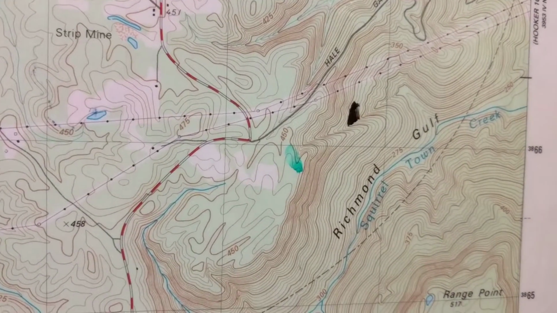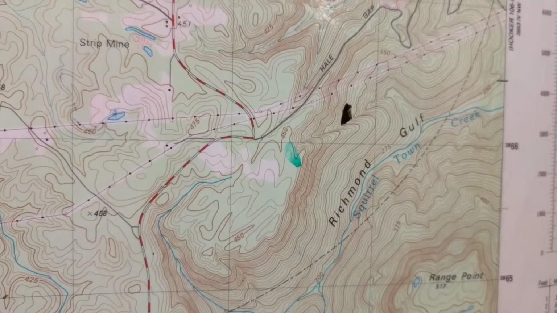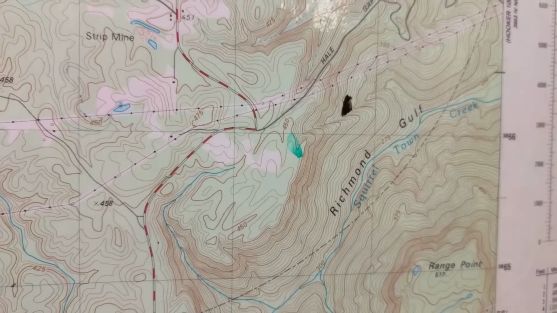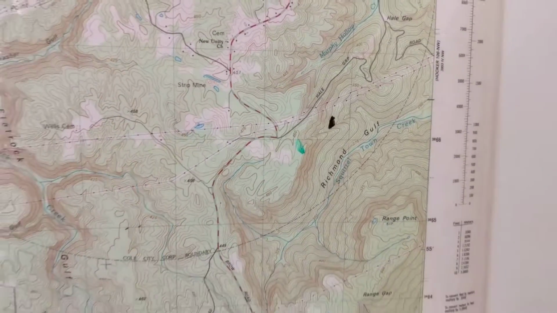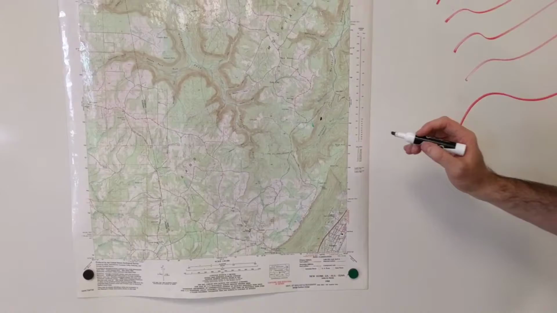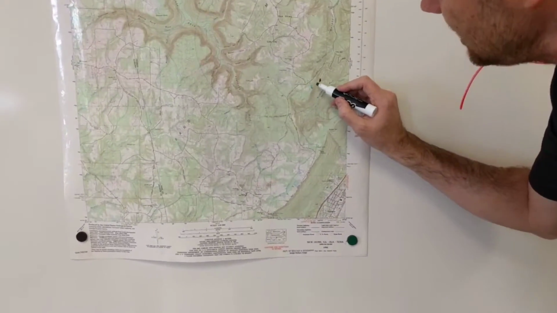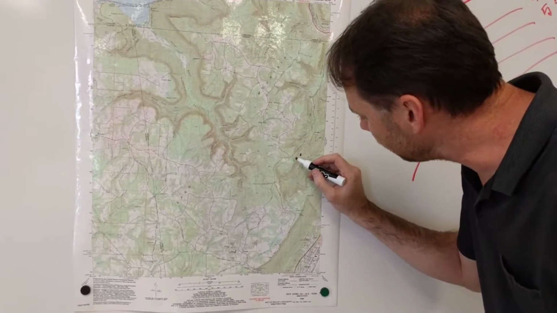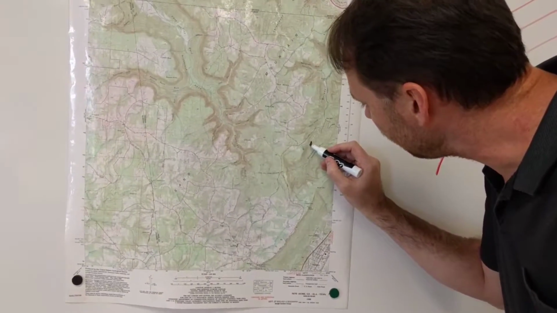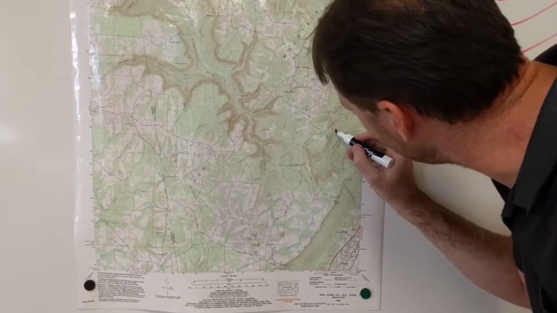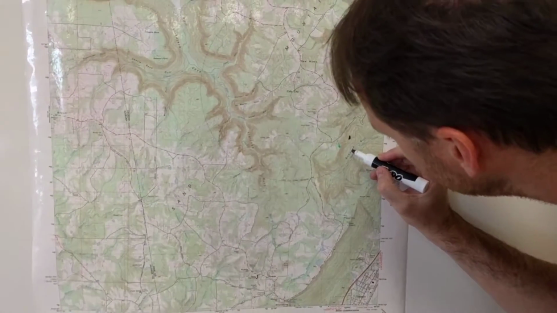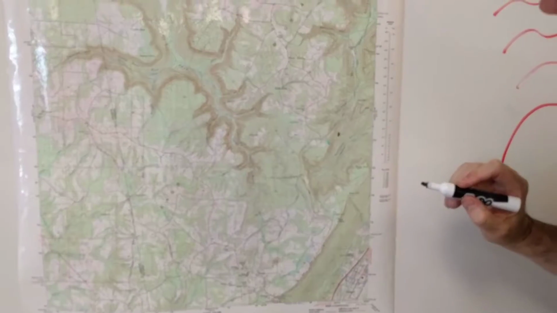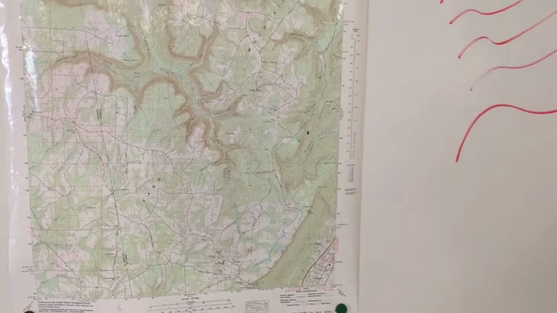That means that if we count the number of contour lines between those and then divide, we should find that our contour interval equals 5 meters. So we know that each index contour equals 5 contour lines. So we have 1, 2, 3, 4 sets of contour lines.